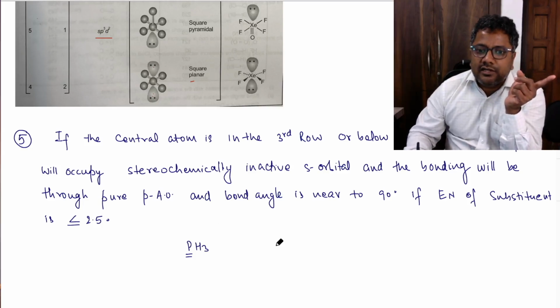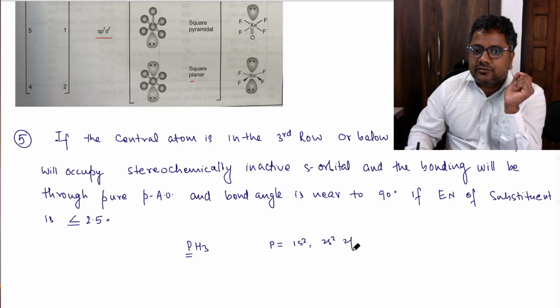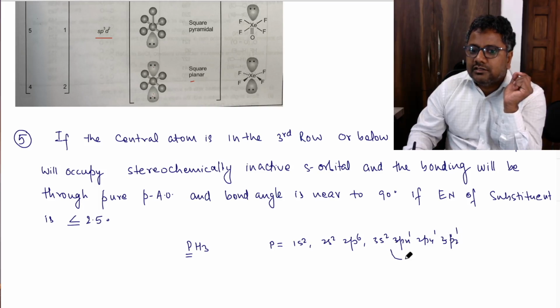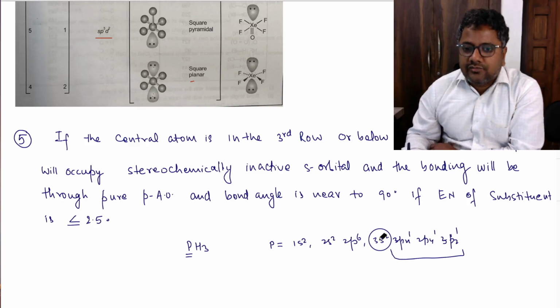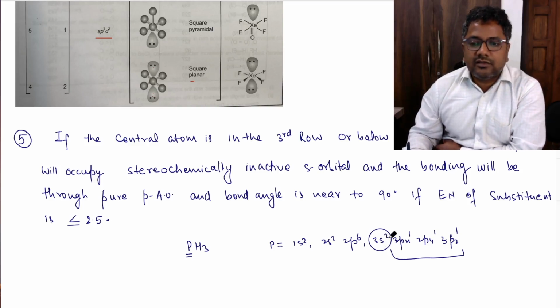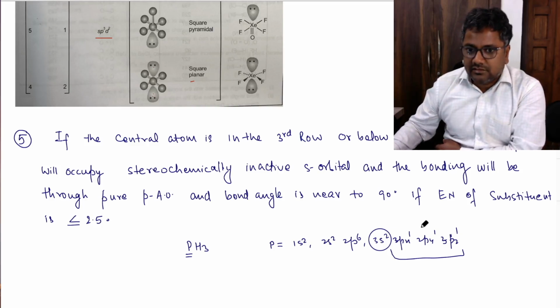The electronic configuration is 1s2, 2s2, 2p6, 3s2, and 3px1, 3py1, 3pz1. The lone pair is present in the s orbital, meaning there is no excitation of the electron.